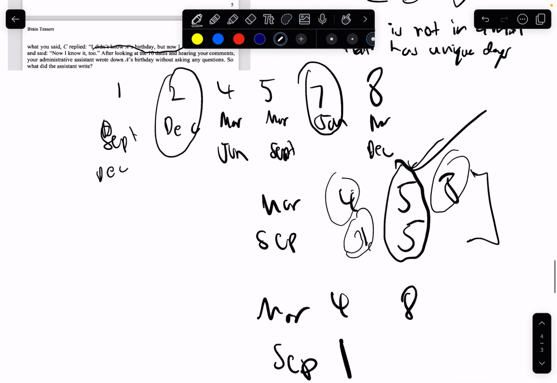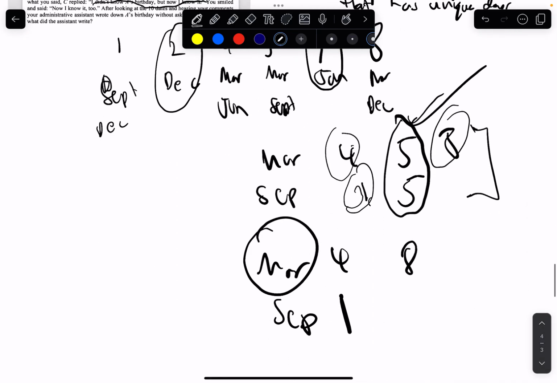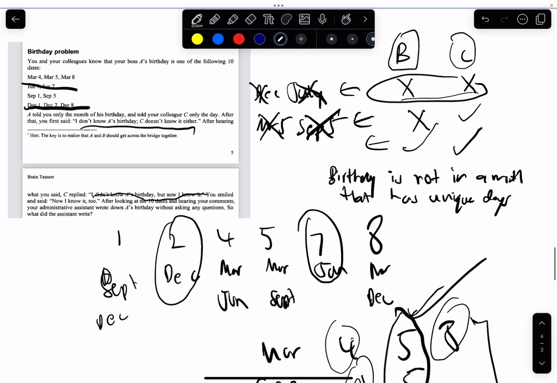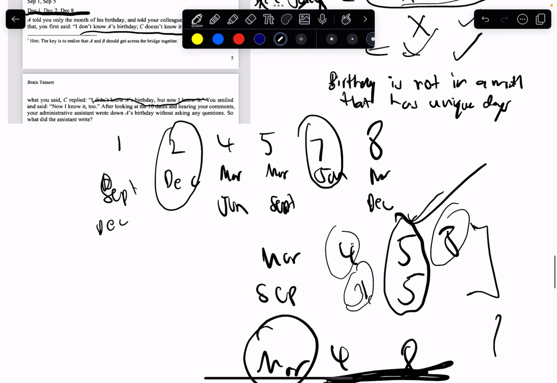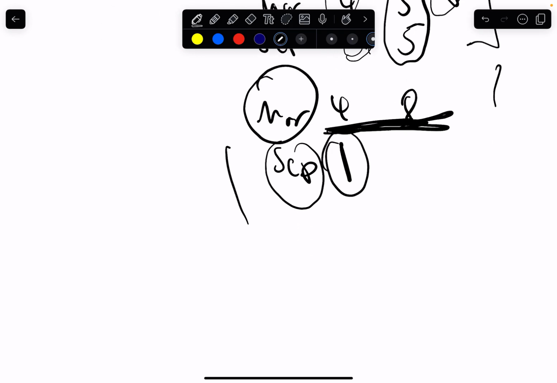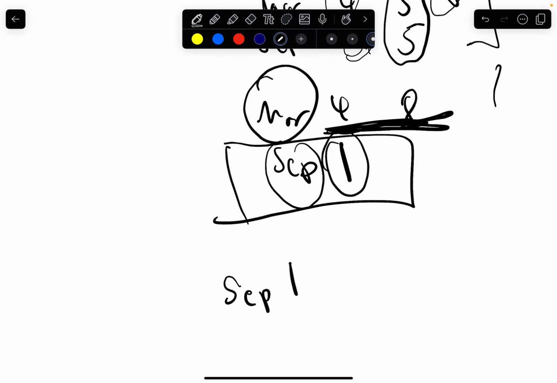If it was March, B would still be left with two dates. But if it was September, it would be clear to B what the date is. And in this question, it's given that it's clear to B what the date is. So September 1st has to be the answer. I hope my explanation is clear. If it's not, let me know in the comments and we can have a discussion there. Thank you.